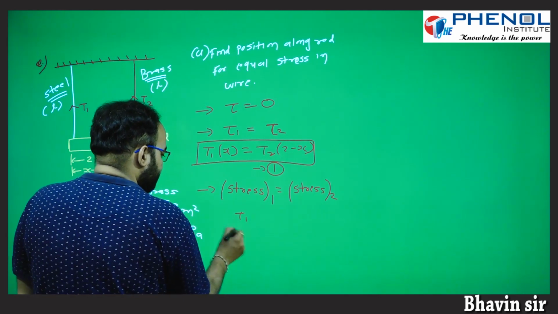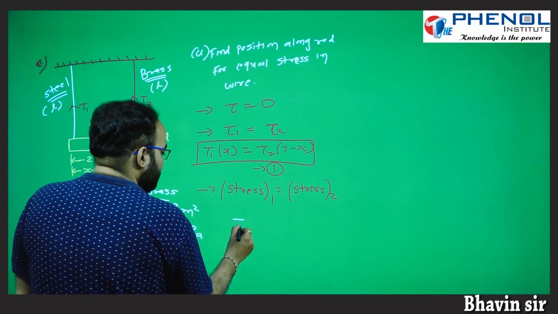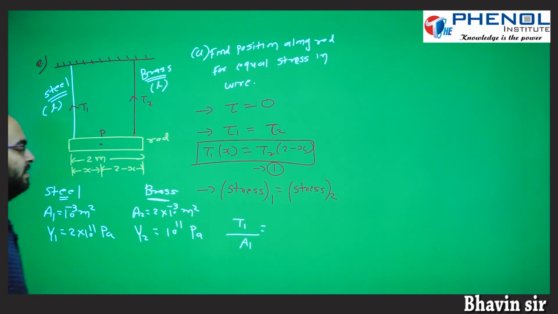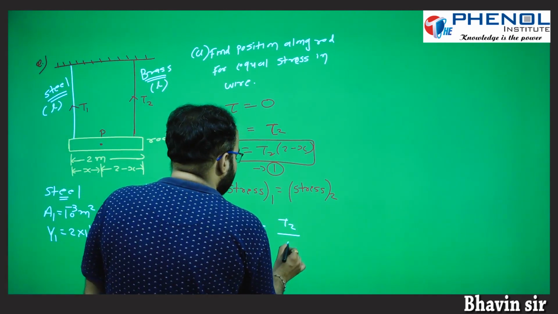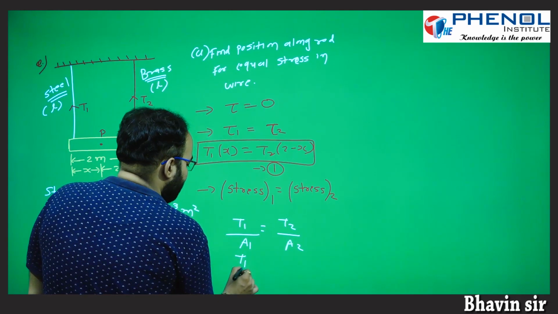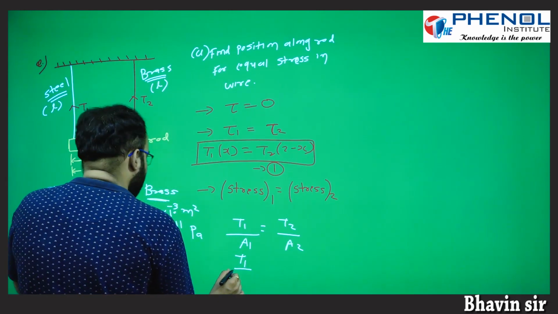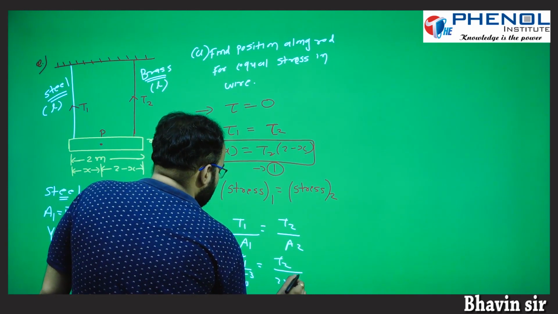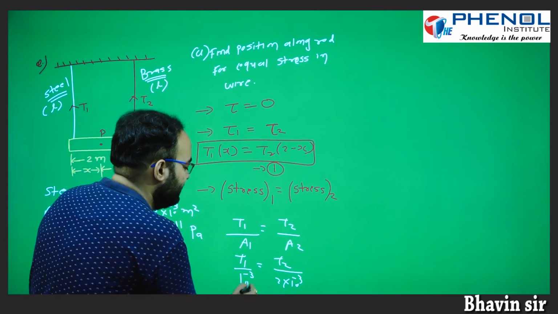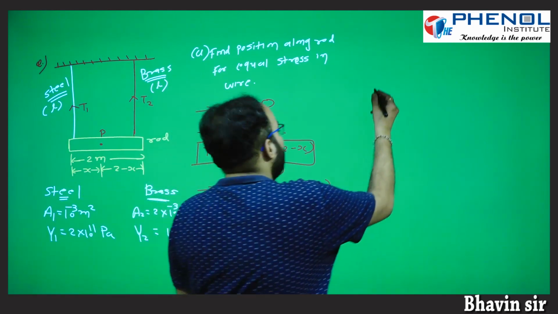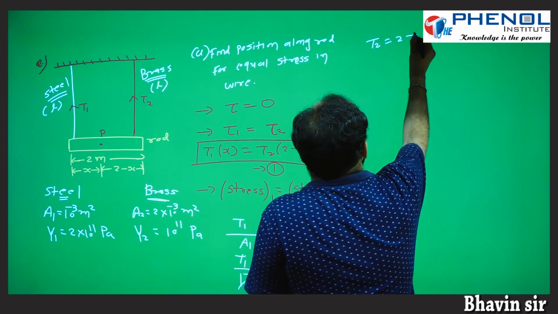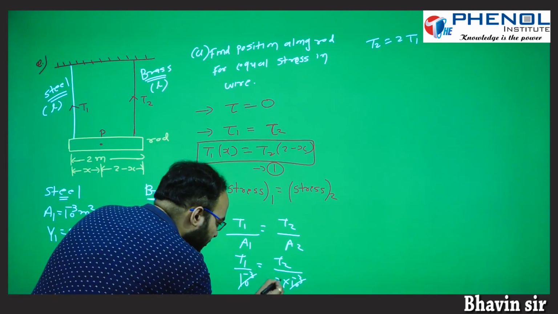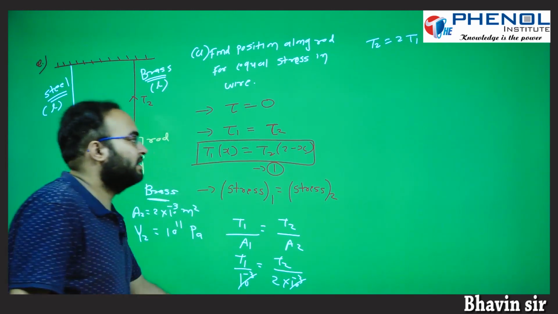So T1 by A1, where the first wire is steel and the second is brass. A1 is 10 raised to minus 3, and A2 is 2 into 10 raised to minus 3. The 10 raised to minus 3 cancels, so we get T2 is equal to 2T1.